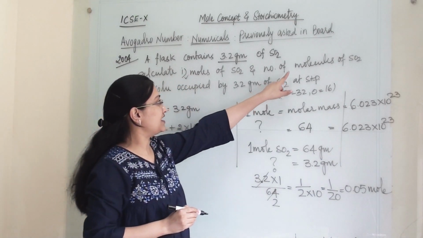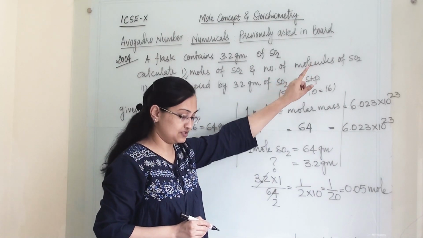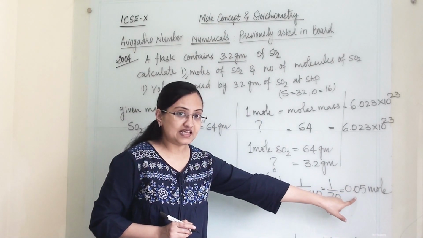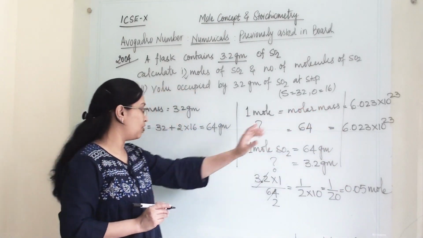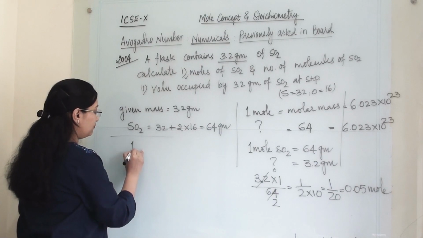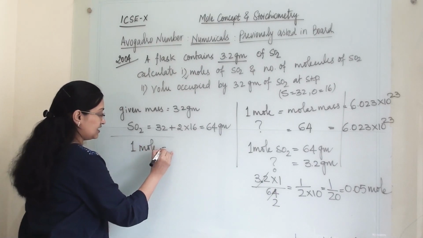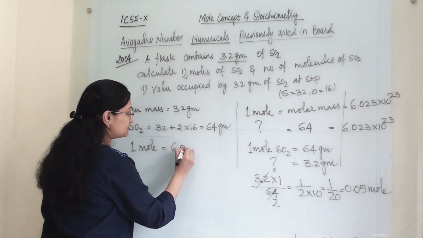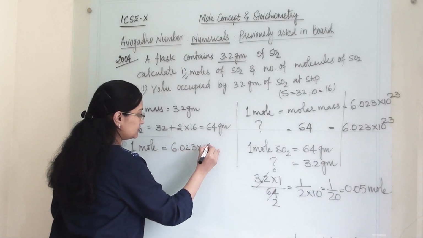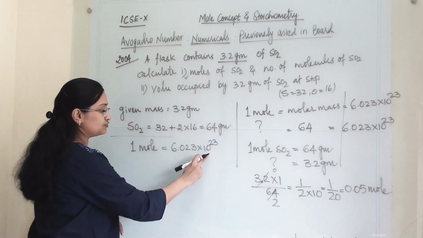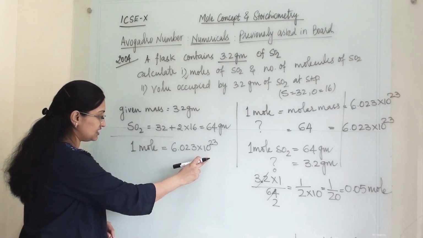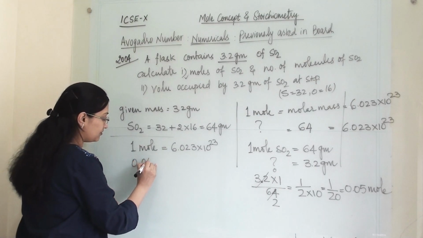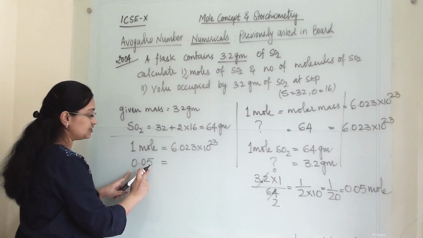Now we need to find out the number of molecules. So it is easy when the mole is there and we have to find out the number of molecules. In 1 mole, how many molecules will be there? 6.023 into 10 raised to 23. So how many moles do we have? We have 0.05.